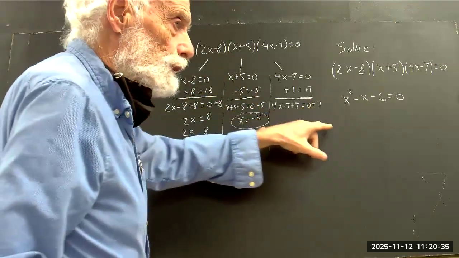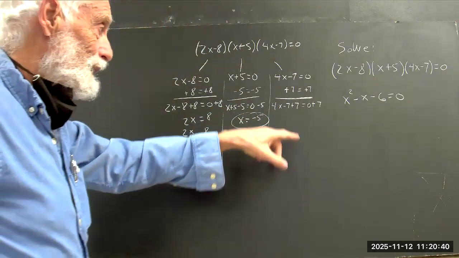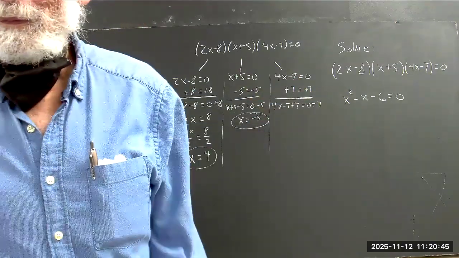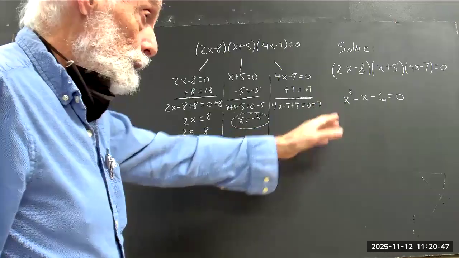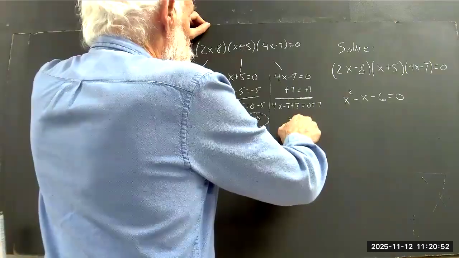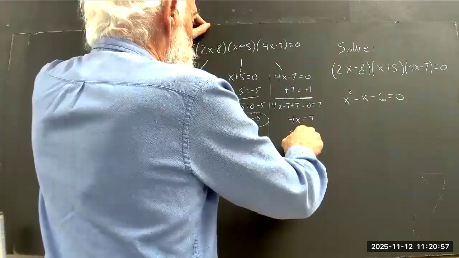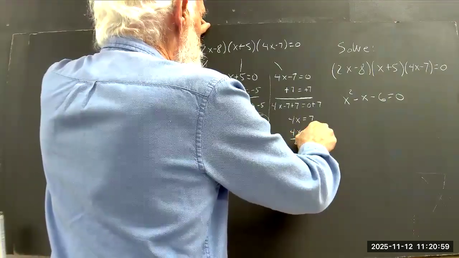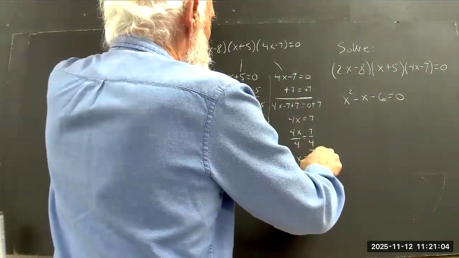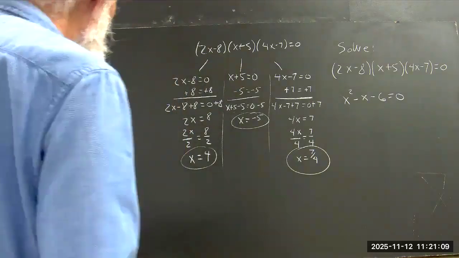I recommend that you don't skip this step because I've seen people making terrible mistakes here, like adding the 7 to the 4. Okay? You won't do that if you write it out the way it is. So we have 4x equals 7, and now we simply divide both sides by 4. And we get a perfectly good solution, x equals 7/4.